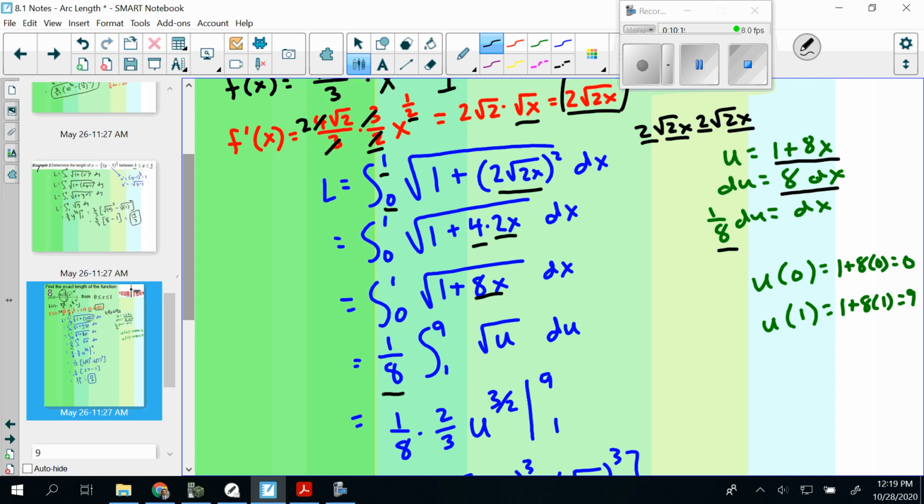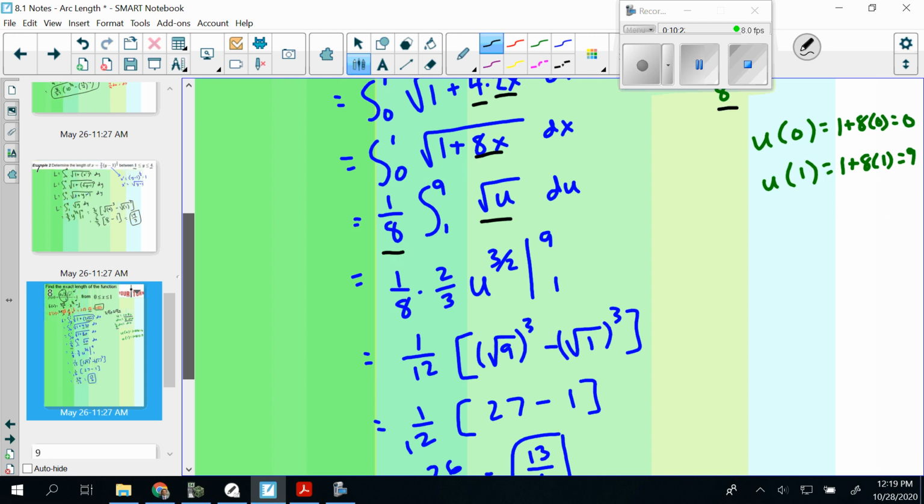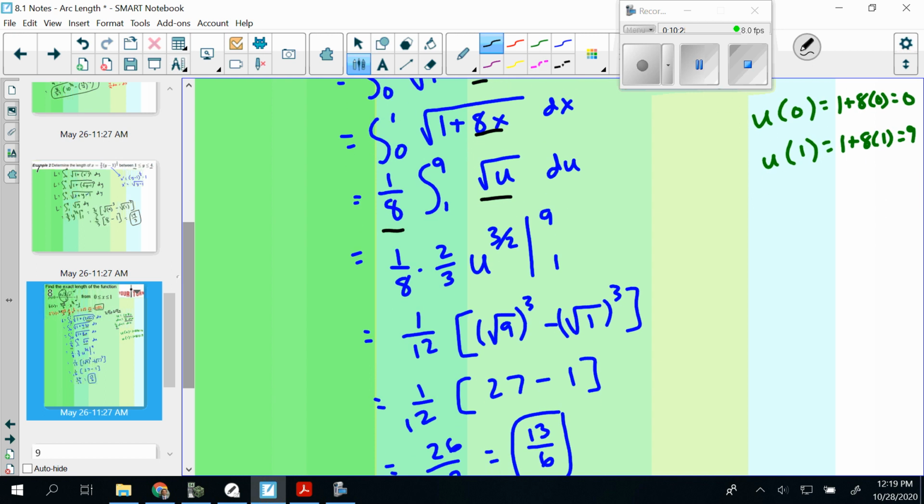Now we've got to find the antiderivative of the square root of u, which is like u to the 1/2. So add 1, it'd be u to the 3/2 with the reciprocal of 2/3. Those two constants are the same as 1/12. Remember u to the 3/2, that's the same as, the 2 on the bottom means square root of u, and then the 3 on top would mean this is being cubed.